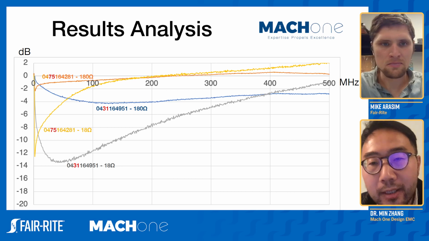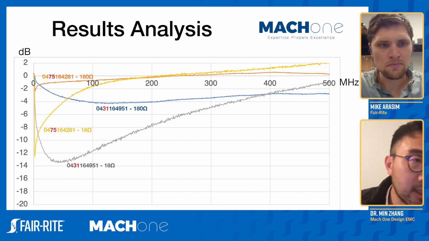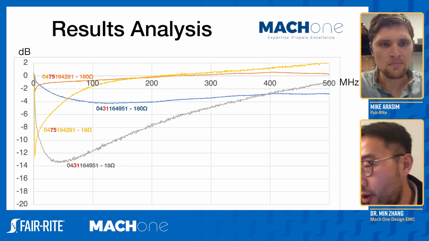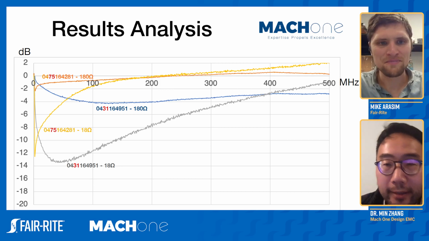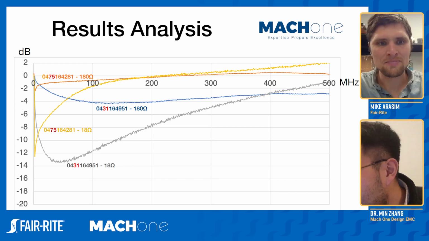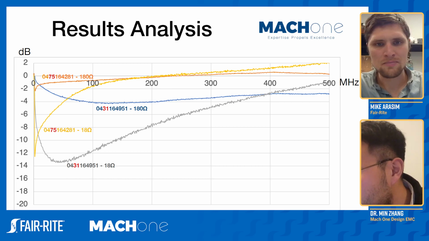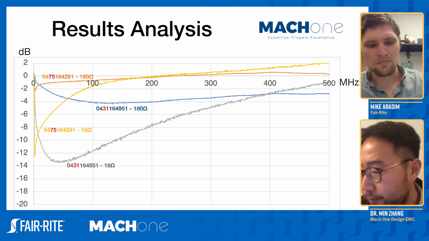So in that case, if you have an 18 ohm resistor network, compared to that wire, it is really nothing. Whereas with 180 ohms, they are still comparable in that frequency range. Therefore, the 180 ohm channel actually performs better. So this is something quite interesting from this experiment.